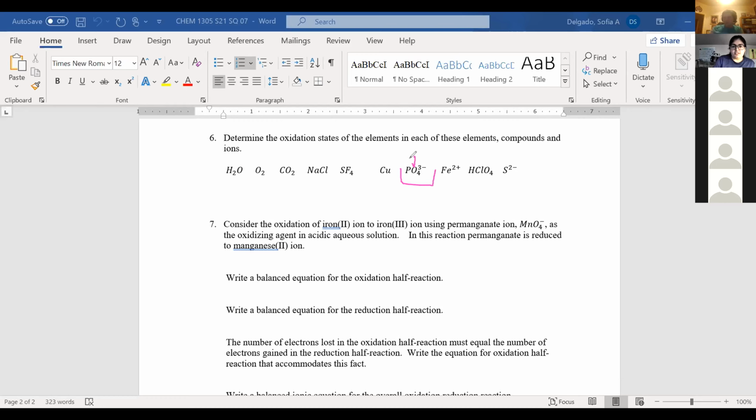So, what are the oxidation numbers here for PO4 3 minus? For oxygen and for phosphorus? Which of these two is on your table of rules on page 150? Oxygen is -2, right? Okay, and then how do we find the oxidation number for phosphorus?